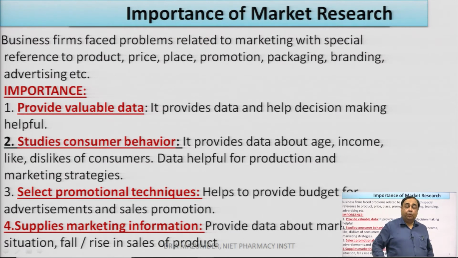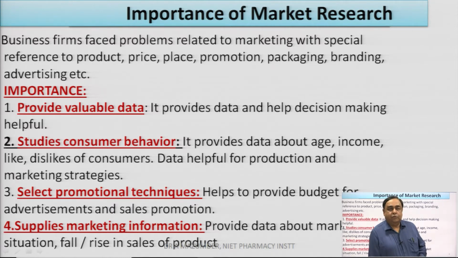Now, let us see why we are studying this topic today, or what is the importance of this particular topic. When a business organization, it may be a pharmaceutical one, an automobile one, an electronics one, whatever it is, faces various problems relating to the marketing of their product.